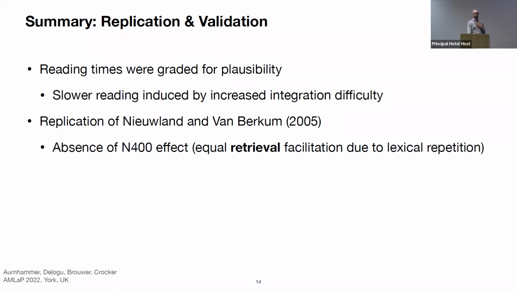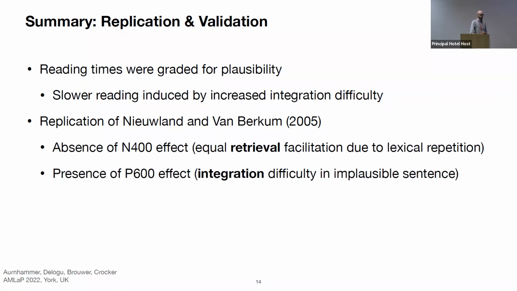And we think this is due to the equal retrieval facilitation due to the lexical repetition that we employed, because it really primes the word tourist, because you've seen it 4 times already. And second, there was a presence of a P600 effect in the original data, and we also replicated this, and we explain it in terms of the difference in integration difficulty, because one of the sentences was plausible, the other one wasn't.